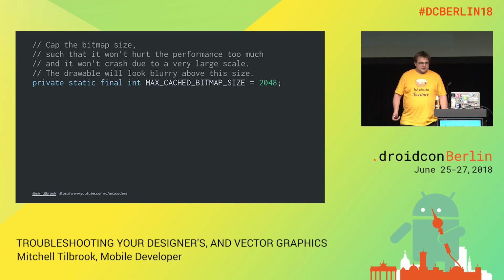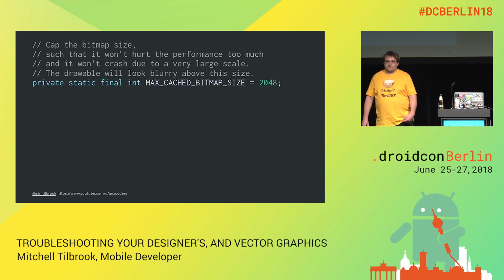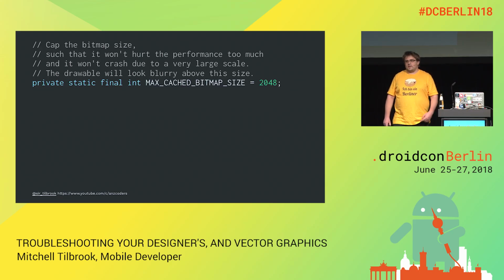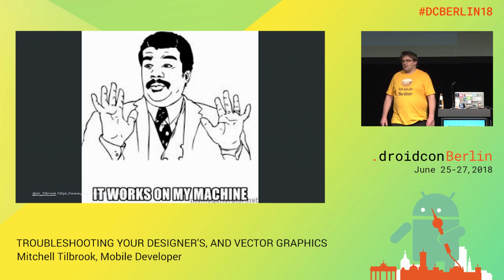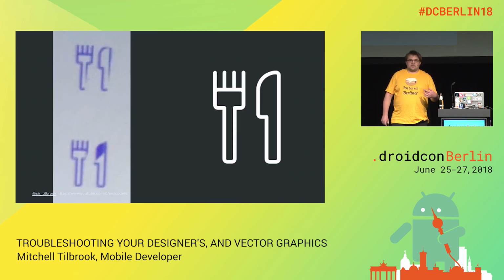So what can we do about this? Well, the first thing we can do is use tools like SVGO, an SVG optimization tool. Before we import into Android Studio, we can run the SVG optimizer over the file. For the most part, the defaults in SVGO will do the things that you want.